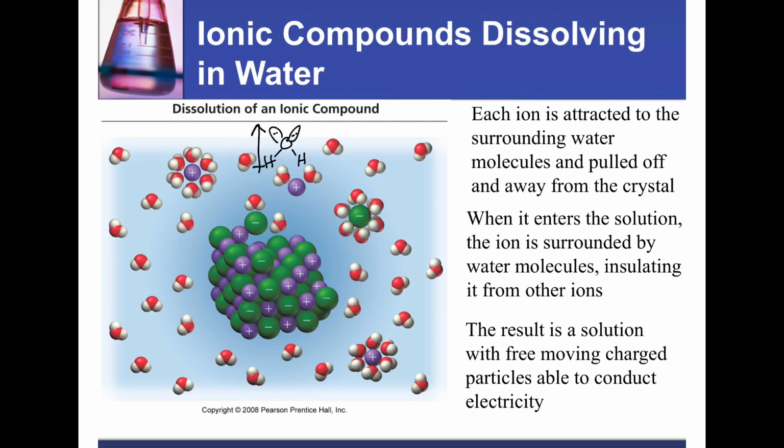In this situation, the water molecules have pulled off a positive ion, and they're using their negative sides to attract it away. Water molecules are so polar and so unique, that they are small molecules that can really chip off ions one at a time.